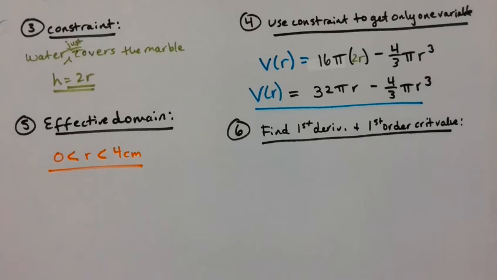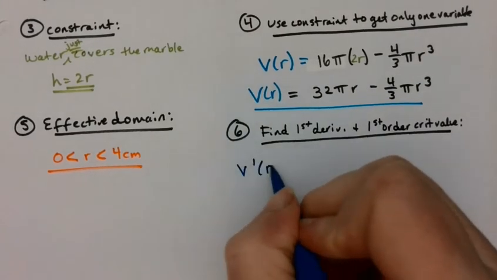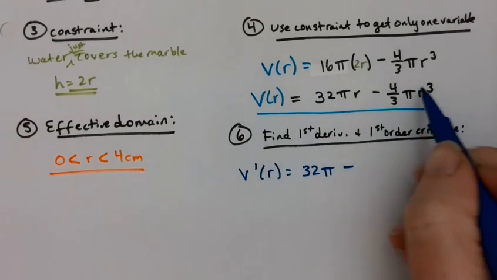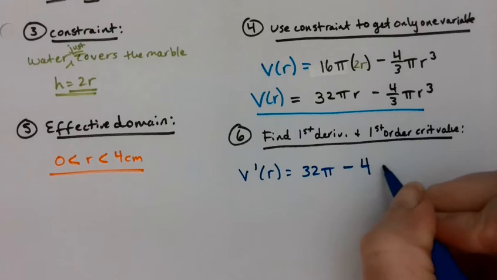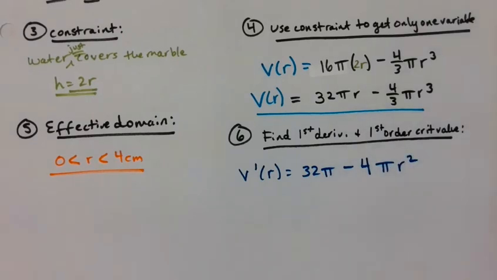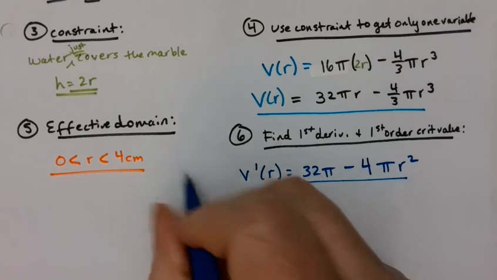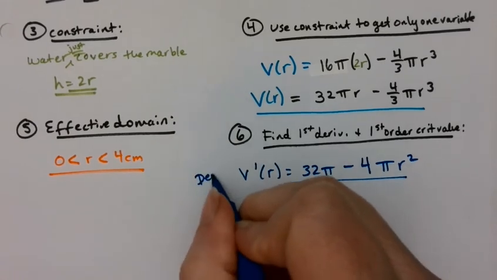So the derivative would be, let's see here, V prime of r, which is 32 pi, take away, 3 comes down, so it's 4 pi r squared. Okay, so that's done.